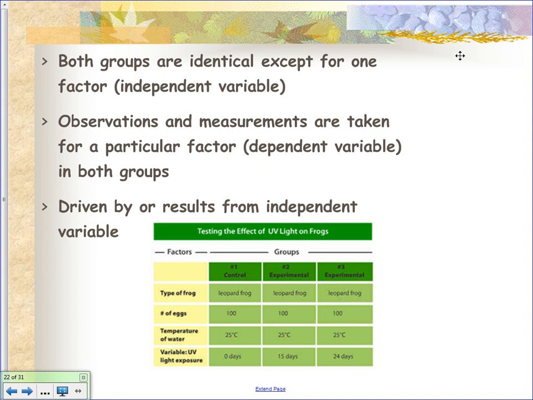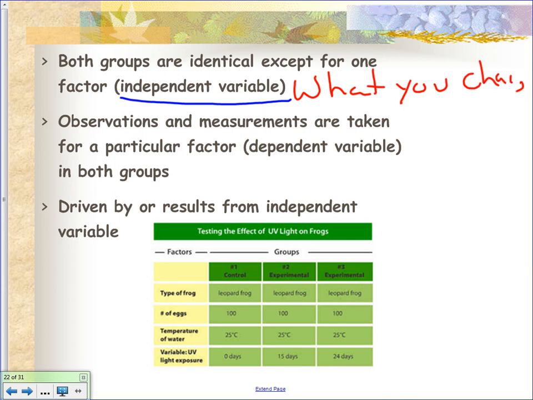In an experiment, both groups, our control and our experimental group, are identical except for one factor. This is what we call the independent variable. I want you to remember independent variable like this: what you change. What you change in an experiment is your independent variable.